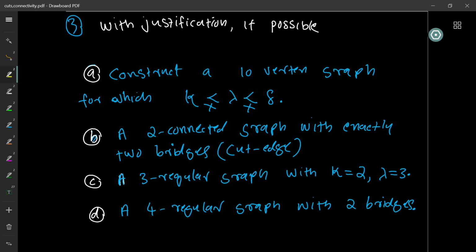So here are the things. First, construct a 10 vertex graph for which the vertex connectivity is strictly less than the edge connectivity, which is strictly less than the minimum degree. Then construct a two connected graph with exactly two bridges.